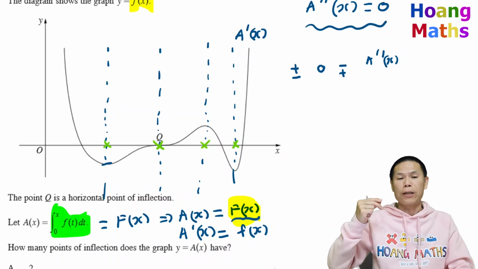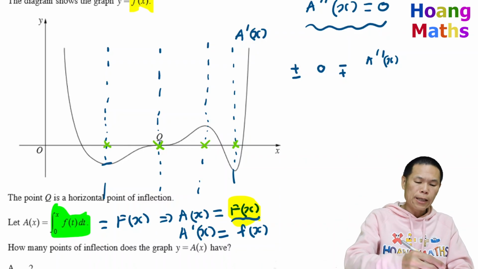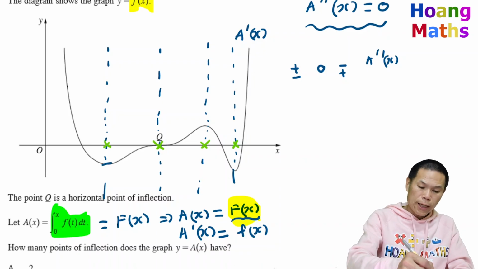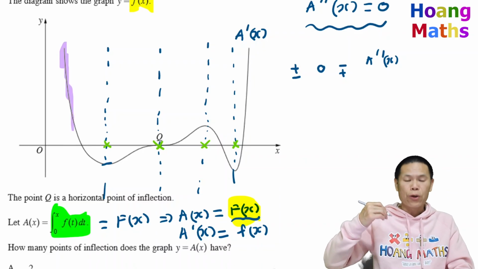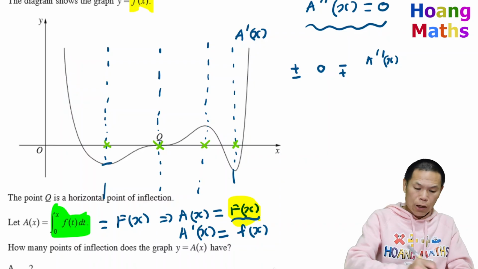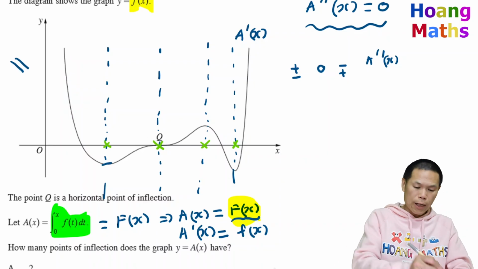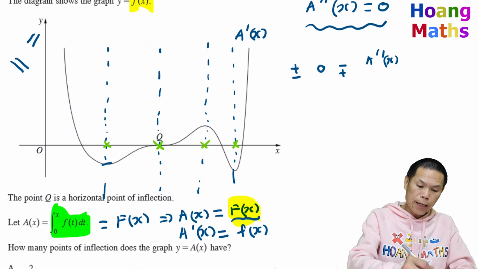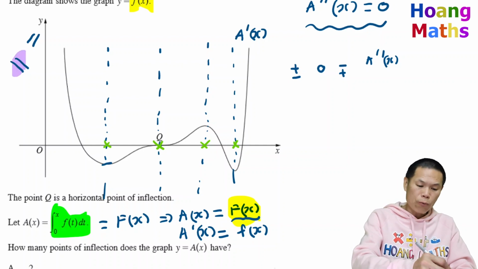Let me just graph it, okay, so you can see it easier. To graph it, first we look at this gradient here. Because we draw the gradient of the gradient, a line going like this has negative gradient, and a line heading this way has positive. At the moment it is heading like this, so we have negative gradient.